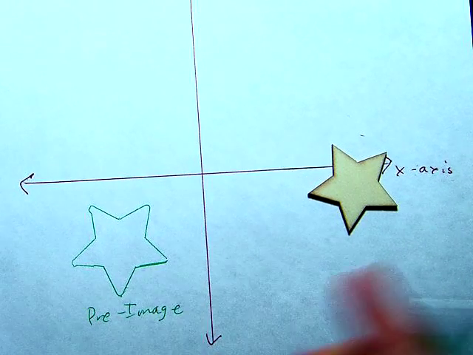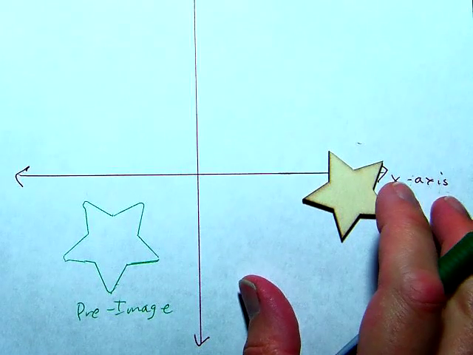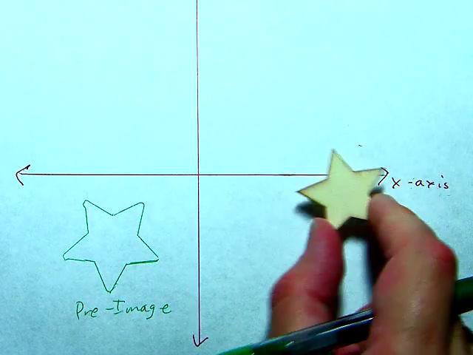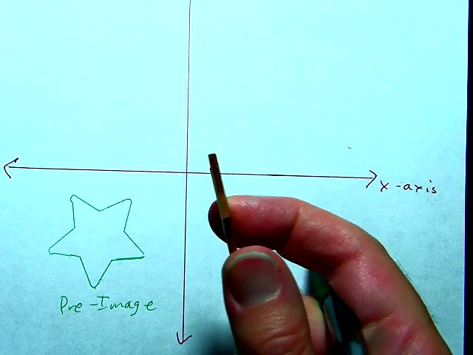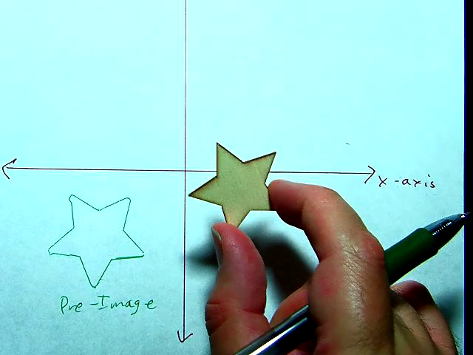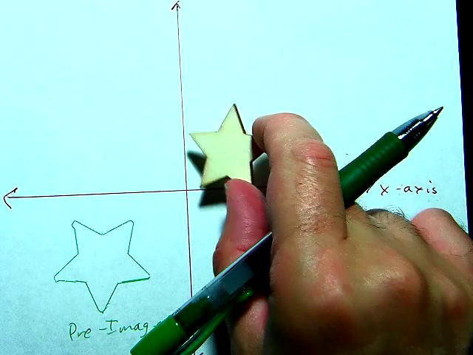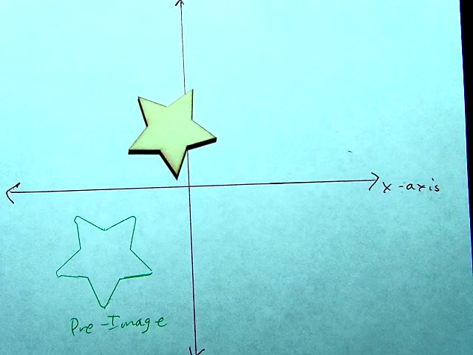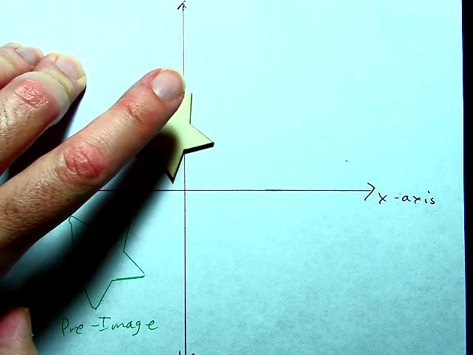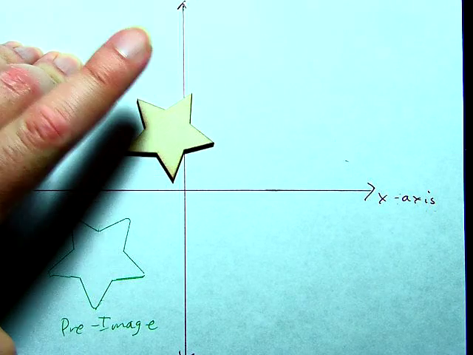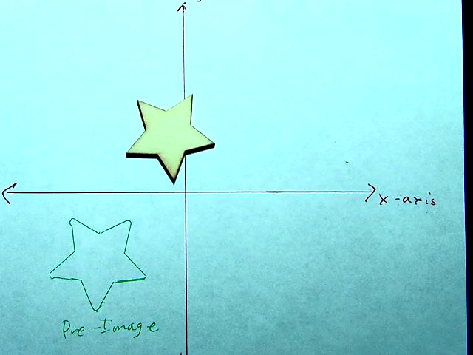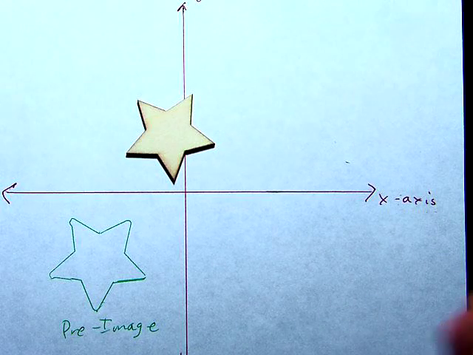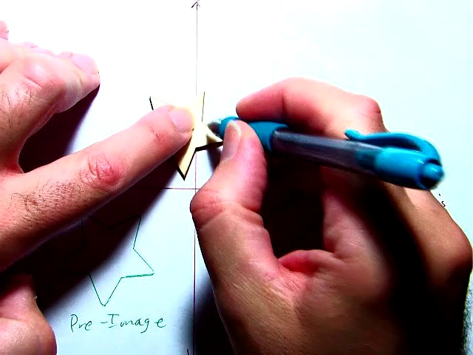So that's our starting point. And then the mapping, if it's a rigid body transformation and we're dealing with this solid object, basically moves it somewhere else on the plane like that, and we have what's called our image. So we have our pre-image, and then we have our image. So let me trace out the image.